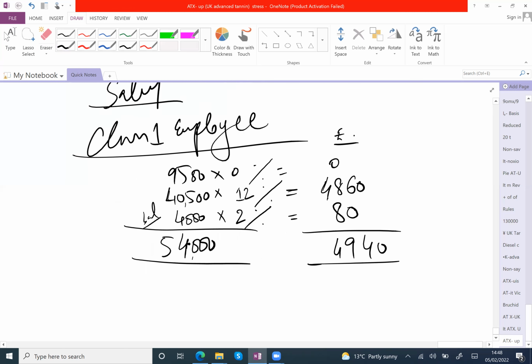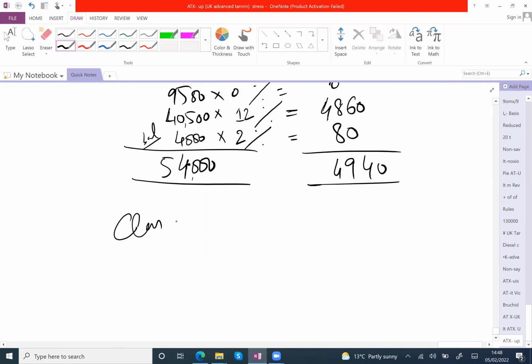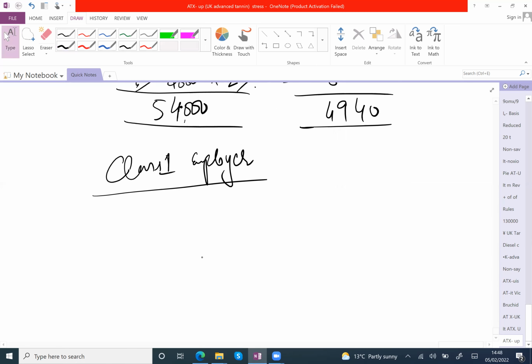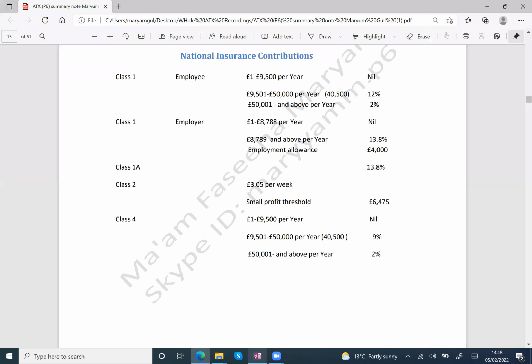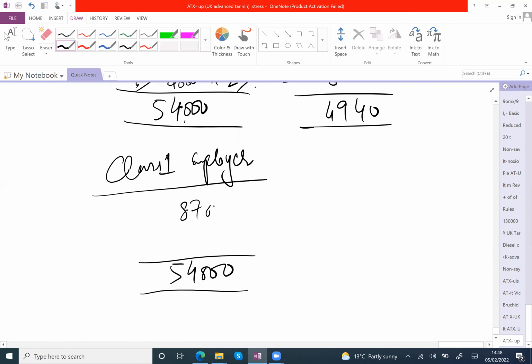Done. Now next, class 1 employer. Total salary 54,000, and the employer limit is 8788. Up to 8788 the rate is 0%, equal to 0.